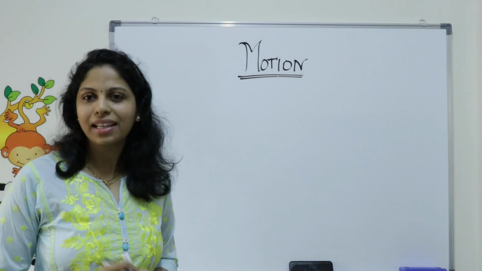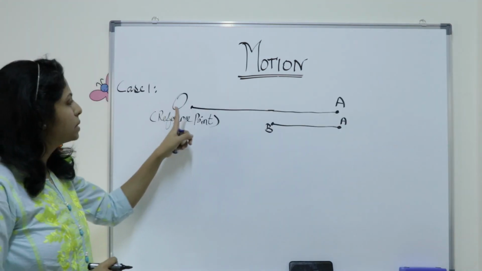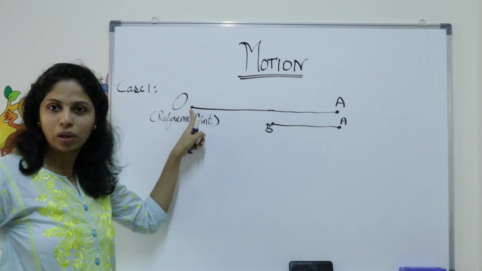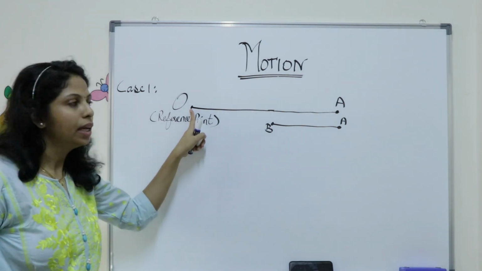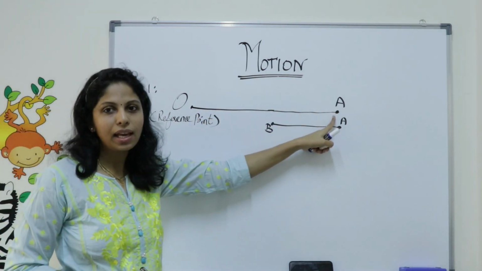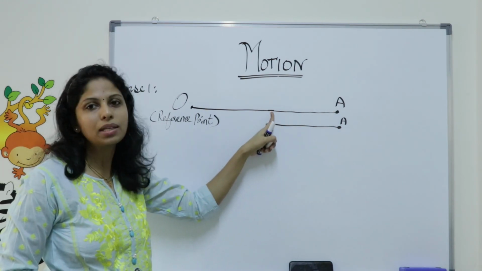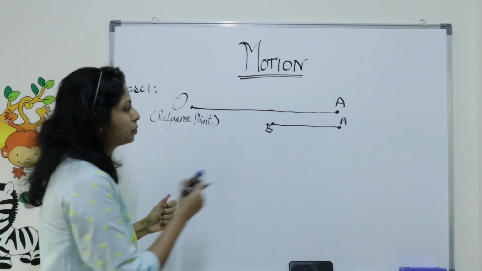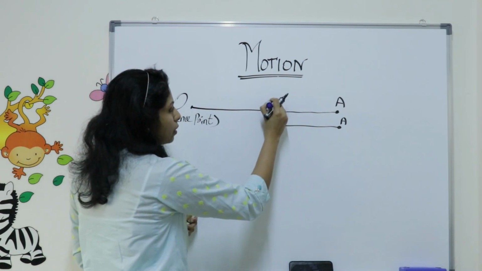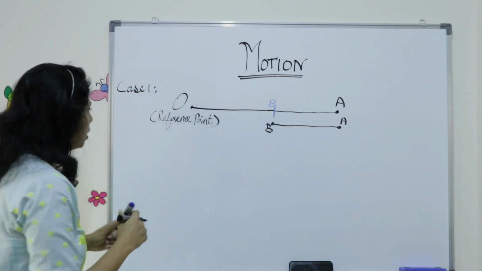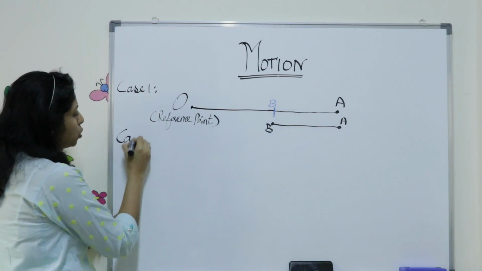Now, let us consider three different cases. An object travels from point O, which is called an origin or a reference point. It travels to a point A and it returns back and stops at a point B. Now, case 2.